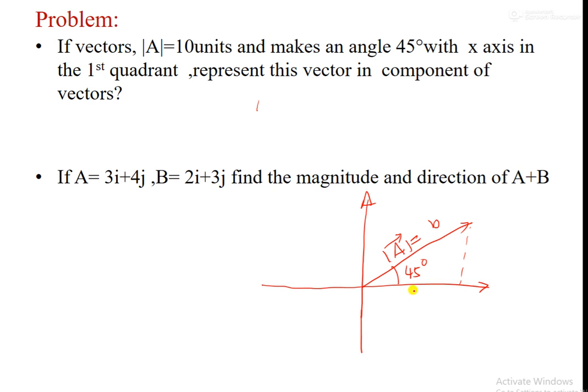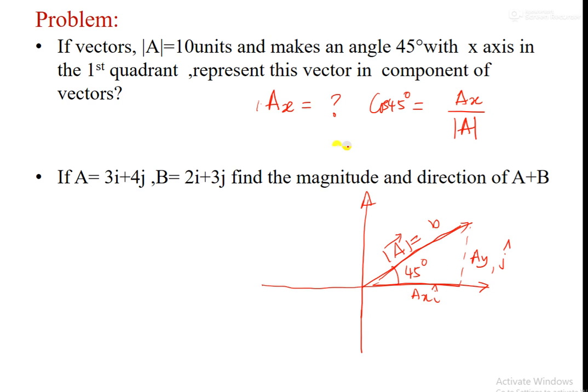So now we have to find what the components are. How will we write this, Ax and Ay. Ax represents the i direction and Ay represents the j direction. Suppose this is making an angle of 45. What is Ax here? We have to resolve it: cos theta, cos 45 is equal to Ax by the magnitude of A, adjacent side by hypotenuse.